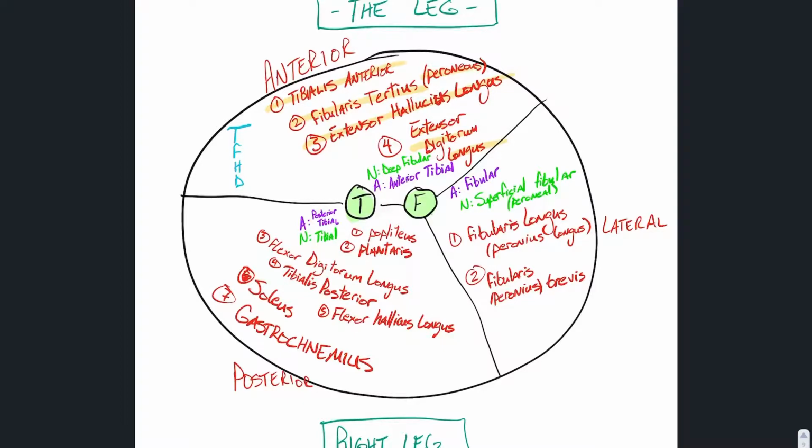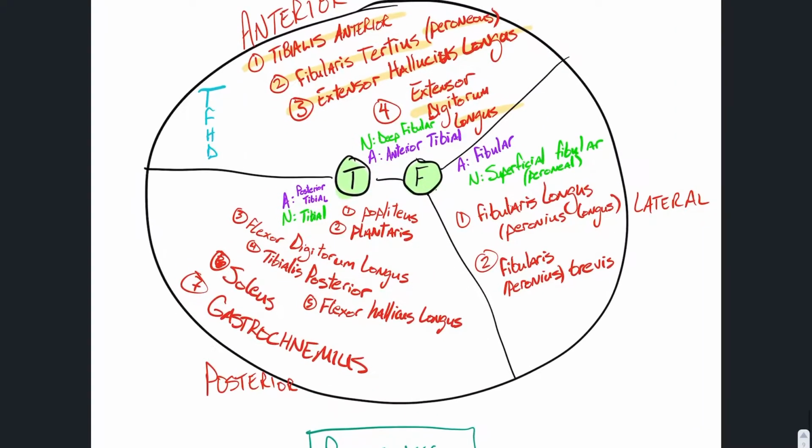Okay, now let's talk lateral section. In the lateral section, we would have 2 muscles. Now, this is pretty simple. Lateral side, fibularis longus, fibularis brevis, long and short, also known as peroneus brevis, peroneus longus.